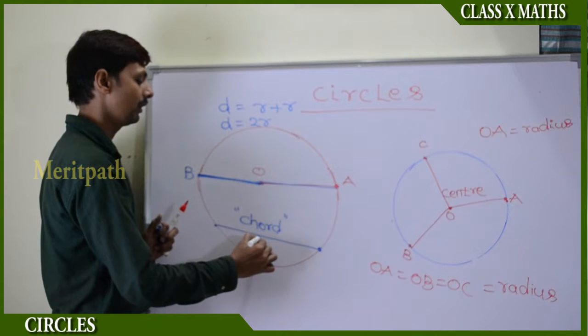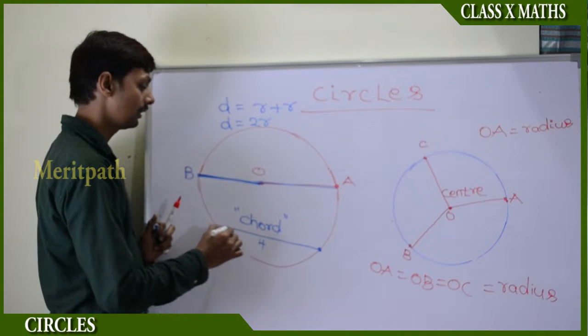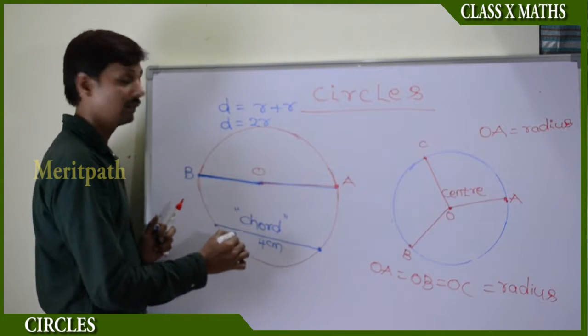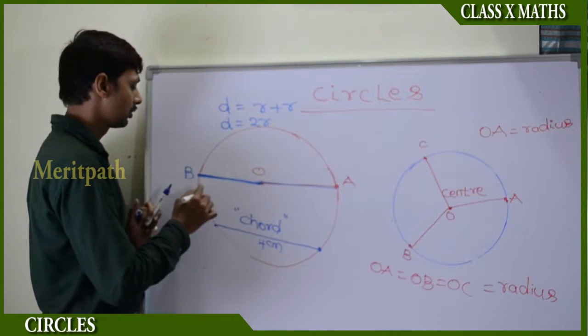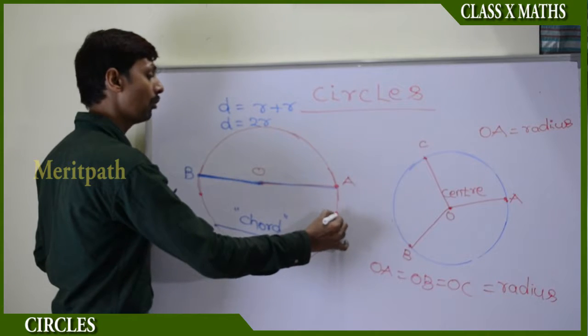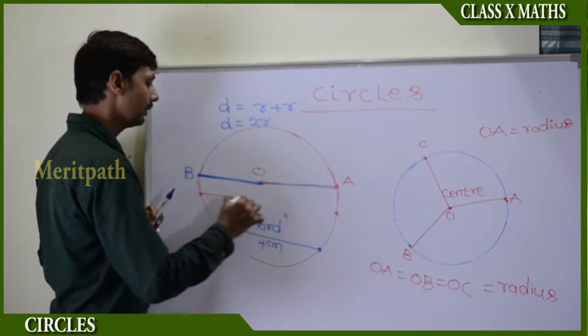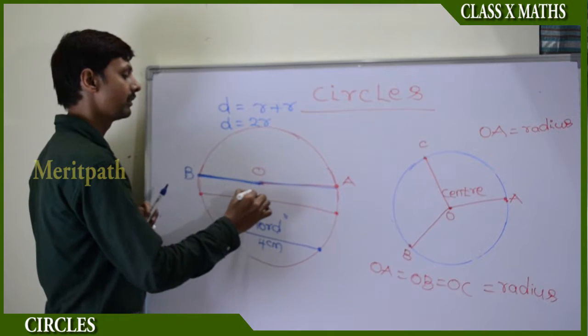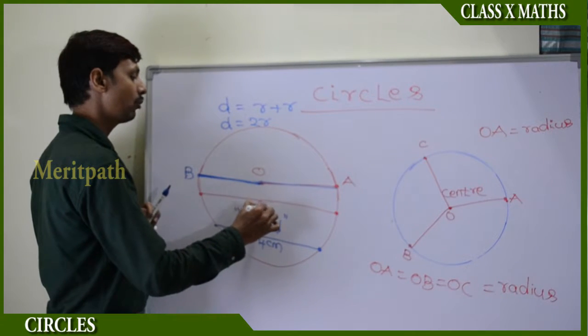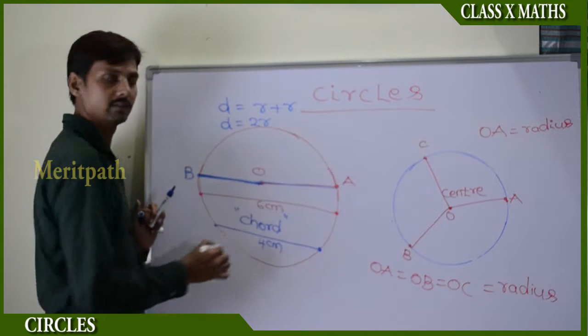So let us take this chord of the circle as 4 centimeters. Then when we take two points on the circle above this chord, the length of the chord increases and it becomes approximately 6 centimeters.